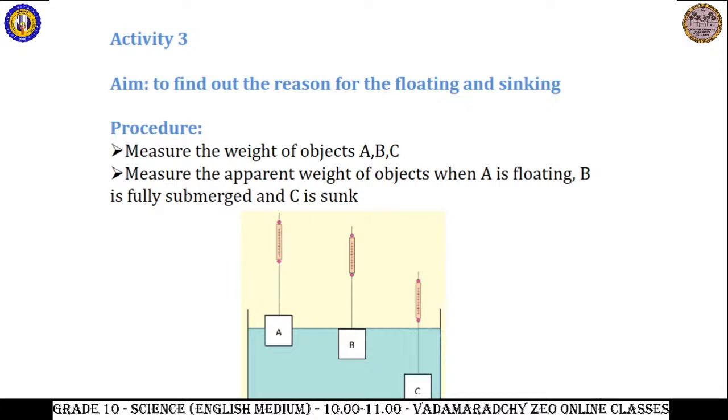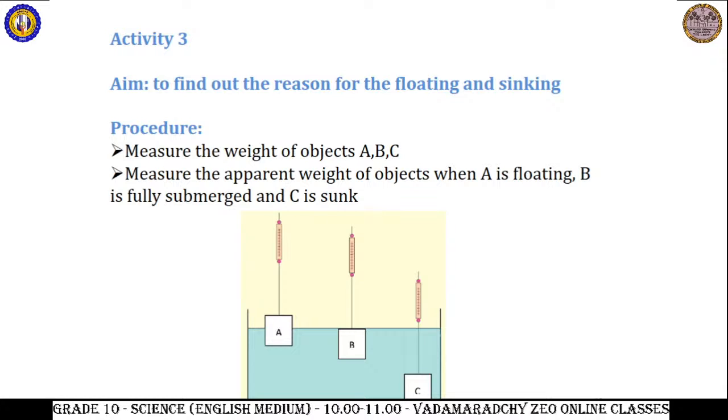For this activity, we have to take three objects, A, B and C. The three objects have different scenarios: A floats partially submerged, B floats fully submerged, and C sinks.